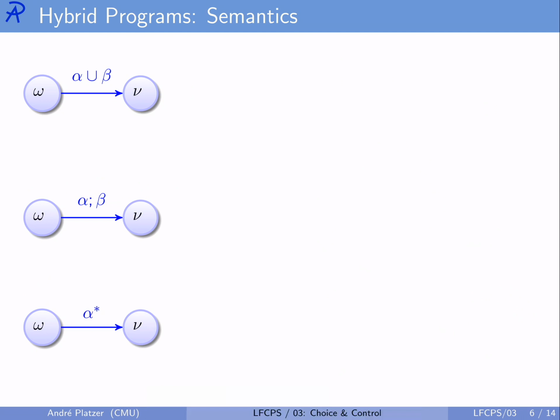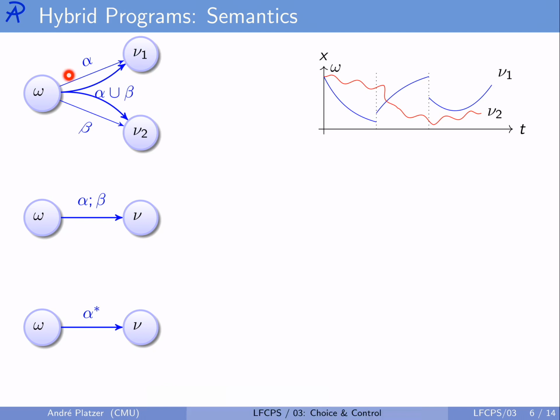For non-deterministic choices, we will go from an old state omega to a new state nu, and how we do that should be a function of what the hybrid program alpha should be doing and what the hybrid program beta should be doing. In other words, every transition that the hybrid program alpha can do to any new state nu1 is possible for the program that has a choice between the two.